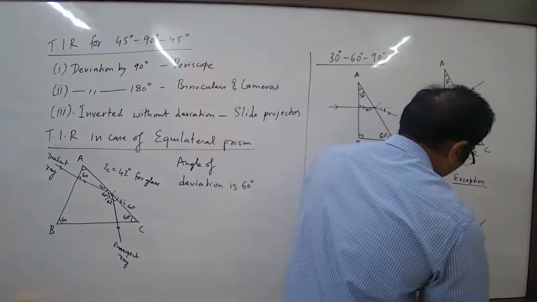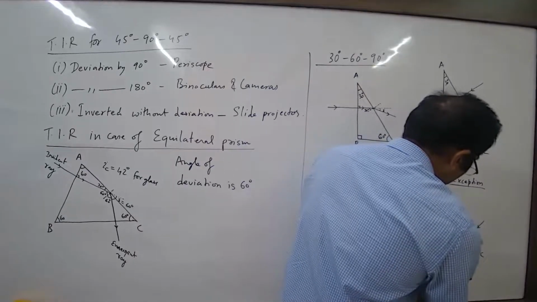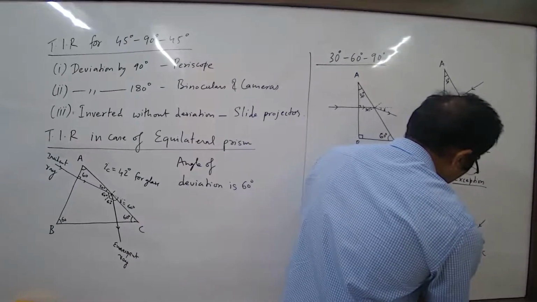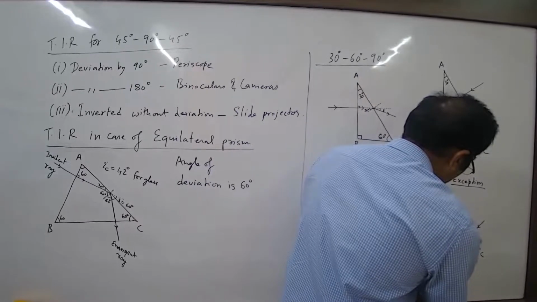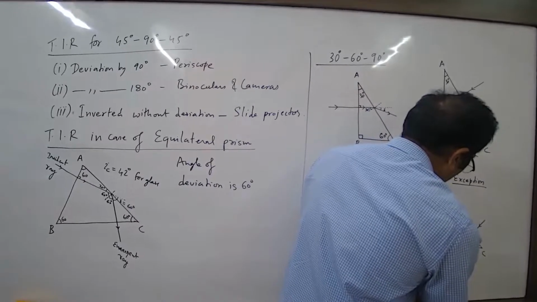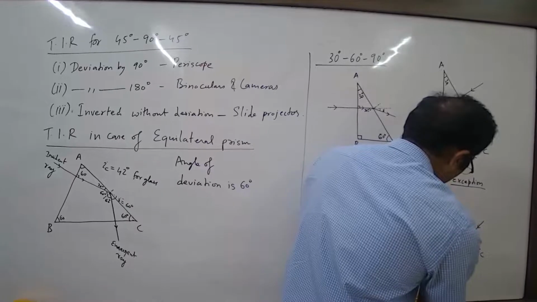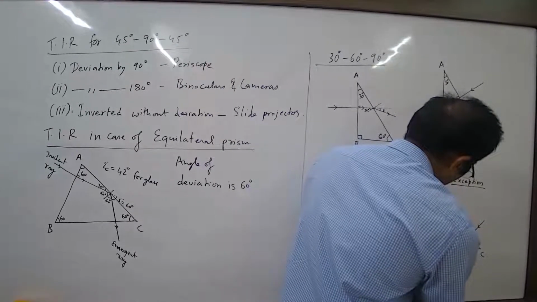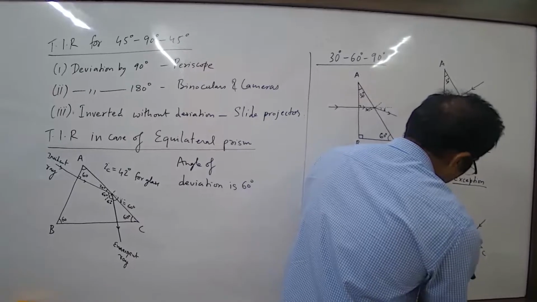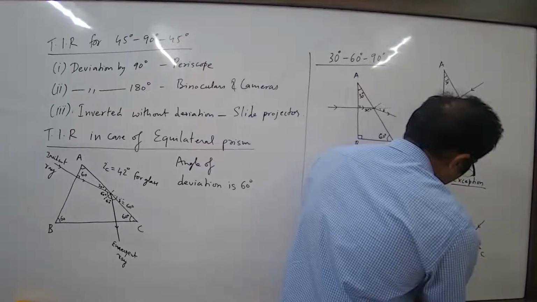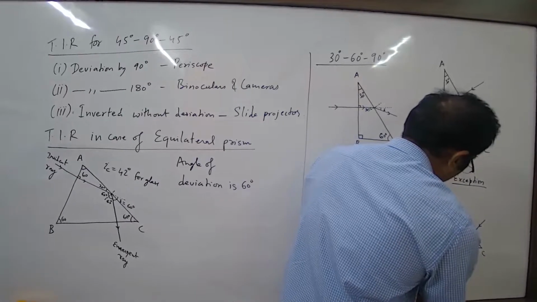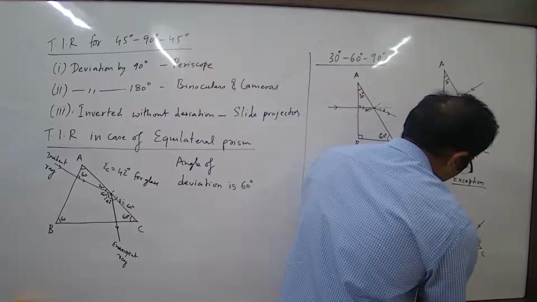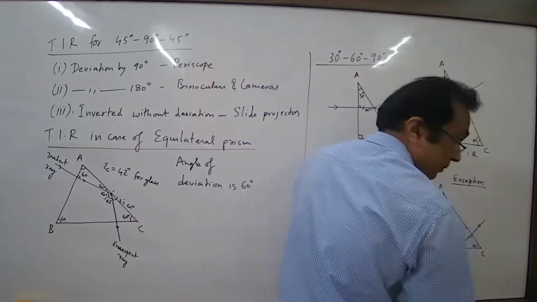Okay, so now this would be 60 again. Right, this is 60. Now draw the normal here. So if this is 30, this is 60, this is 60, this must be 30. Now the angle of incidence is 30.